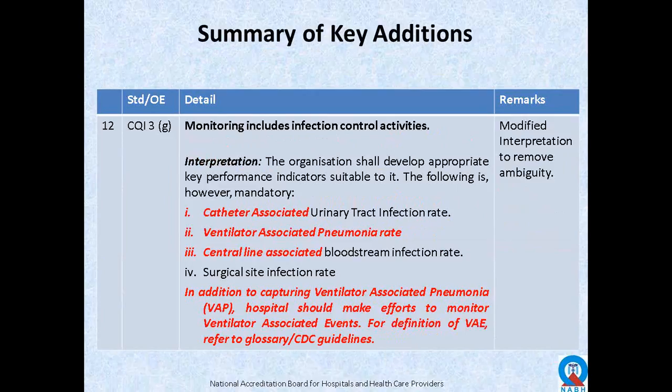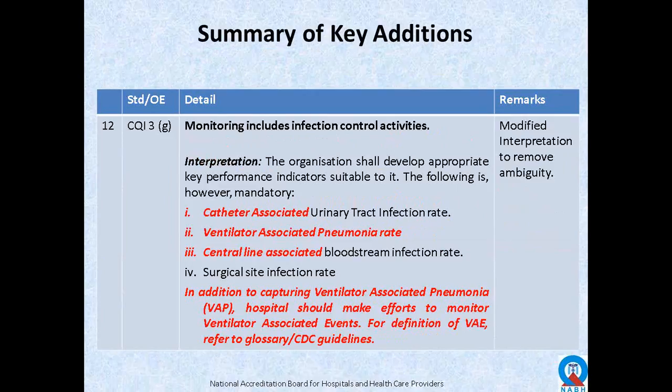It was deliberated whether, slowly, the world is moving from ventilator-associated pneumonia to ventilator-associated events. But I think it's too preliminary for us. Even now, people still don't understand clearly what ventilator-associated pneumonia is. Sometimes they even take a community pneumonia which comes to the hospital as ventilator-associated pneumonia. So after deliberations, it was decided we will still continue with ventilator-associated pneumonia.